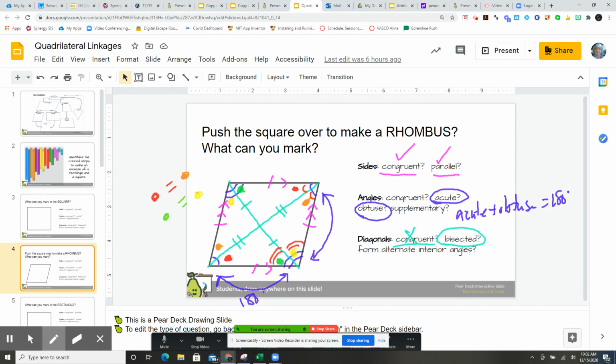Those guys are the same because the angle's been bisected. So that angle has been bisected. So a lot to draw in a rhombus.